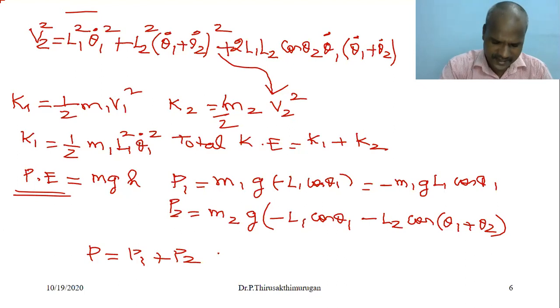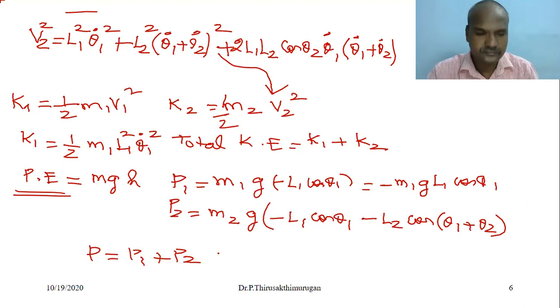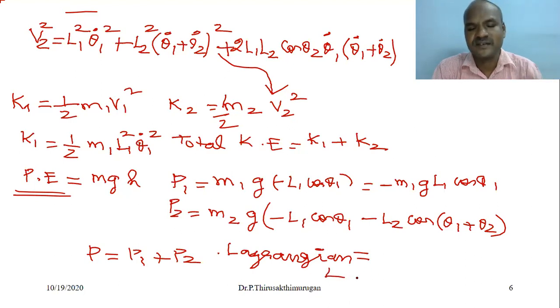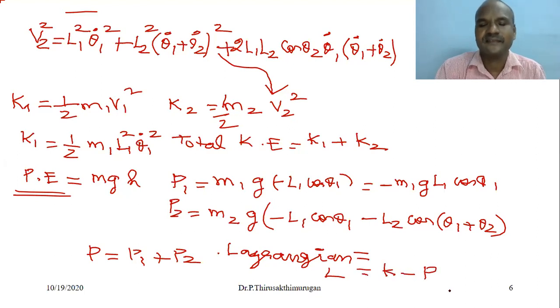So what is the Lagrangian method? What he suggested is the Lagrangian expression L. He defined a function L equal to K minus P, that is kinetic energy minus potential energy.